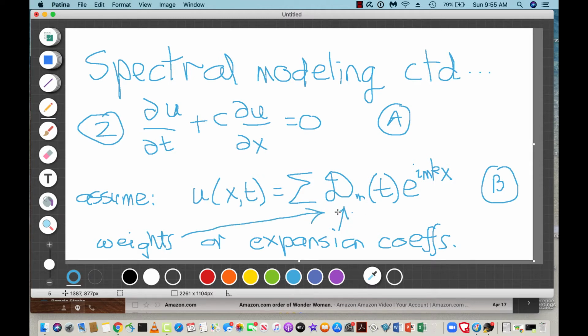The weights carry the time-dependent part of the problem. And then over here, we have some well-known stuff, e to the i m k x. Well-known as in, we know what's going on mathematically. And then we'll do the sum initially from minus infinity to plus infinity, but of course we won't be able to get away with that for very long.